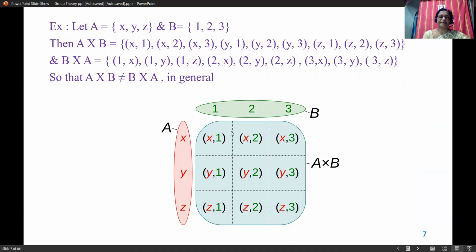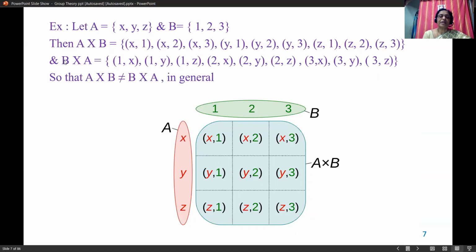If you collect these, that collection is a set which is nothing but our A cross B, because all the first coordinates here are elements of A and second coordinates are all from set B, and therefore this is A cross B.